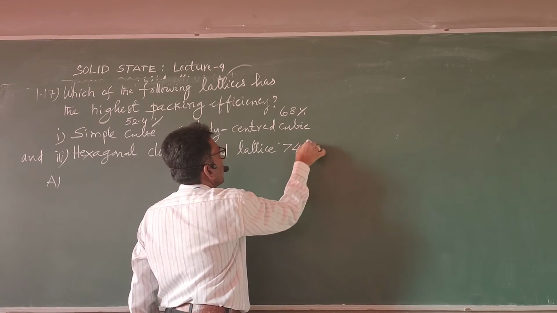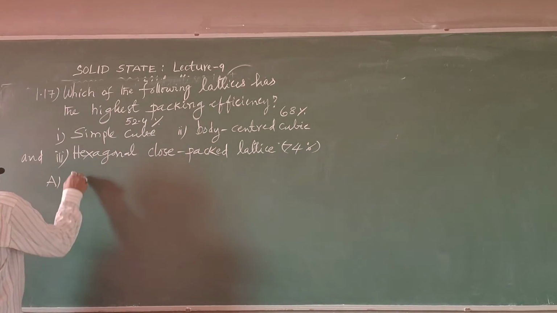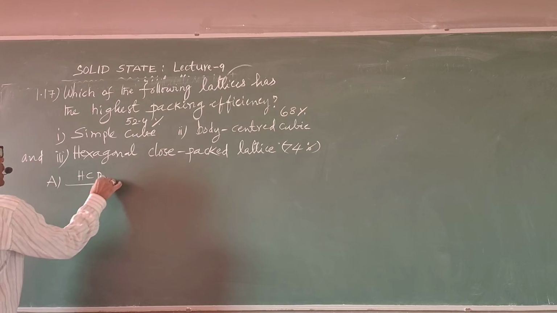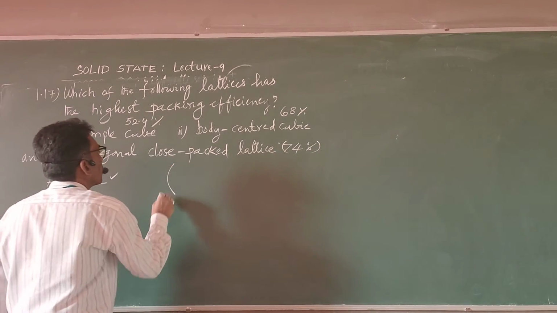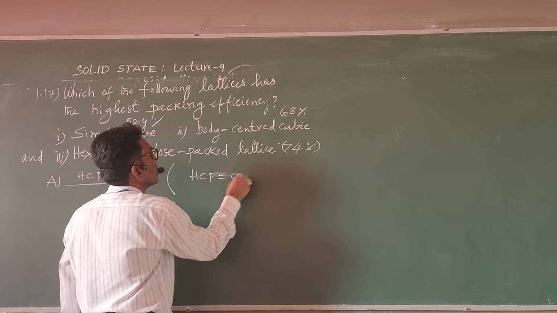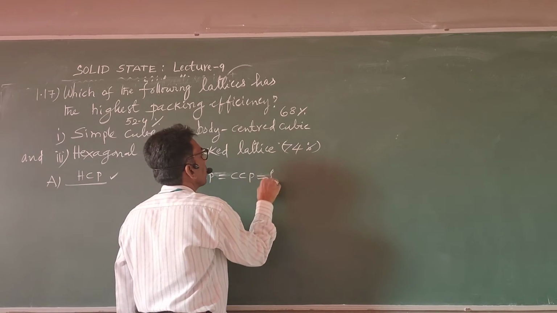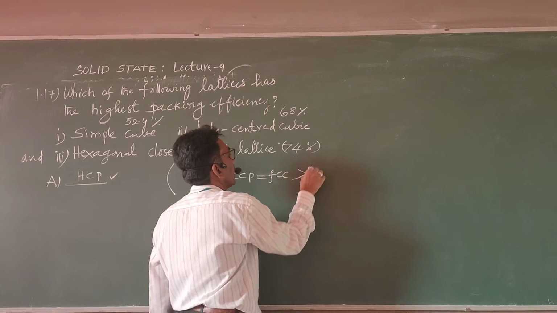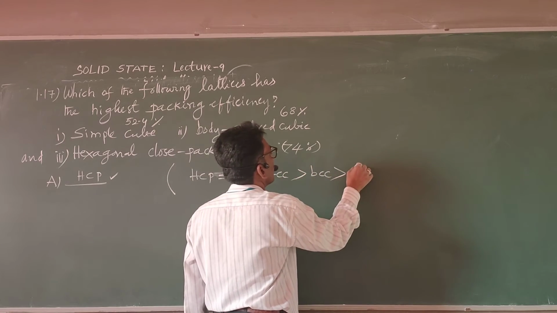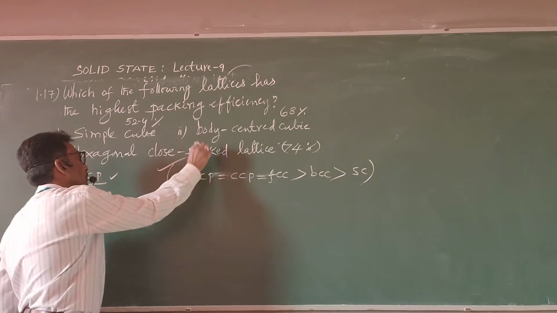If you remember these values, the answer is hexagonal close pack. If another is asked, HCP is equal to CCP, nothing but FCC, greater than BCC, greater than simple cube. This is useful from a competitive point of view.